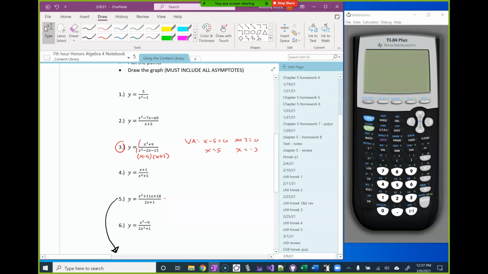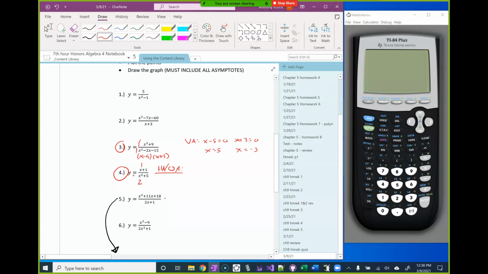Mackenzie. So for number 4, for the other part, the degree of the numerator is 1. The degree of the denominator is 2. Since the degree of the numerator is less than the degree of the denominator, we're going to have either a horizontal asymptote or end behavior at y equals 0.